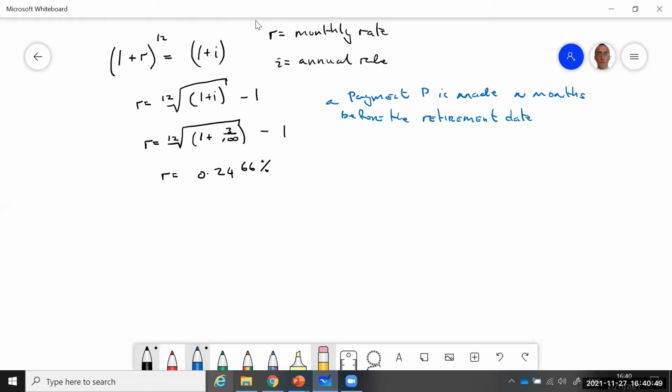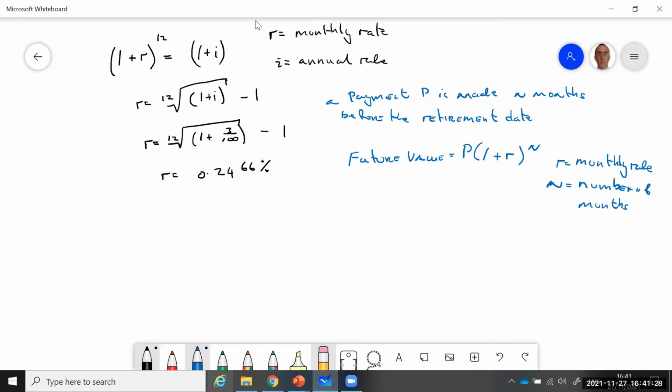Therefore the future value of that investment equals P euro by (1 + r) to the power of n. And remember, r is the monthly rate, and n is the number of months of the investment. Okay, so that's the formula there.